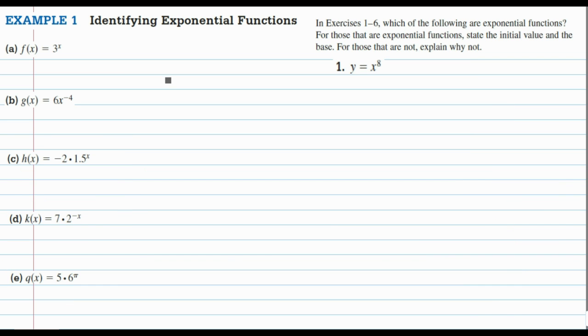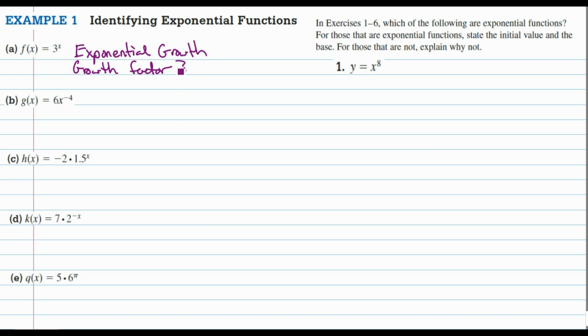We're supposed to identify the exponential functions. So let's determine which ones are exponential. This one is definitely exponential. I'm going to be more specific because this is notes and I want to teach you something. The base is 3, so this is going to be exponential growth. Now its growth factor is 3.